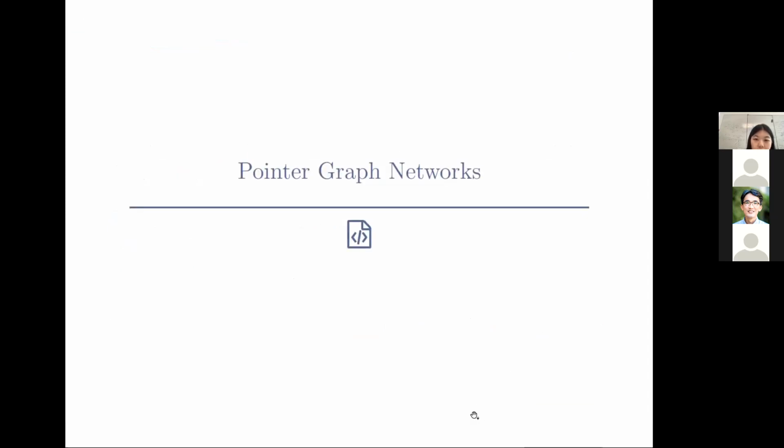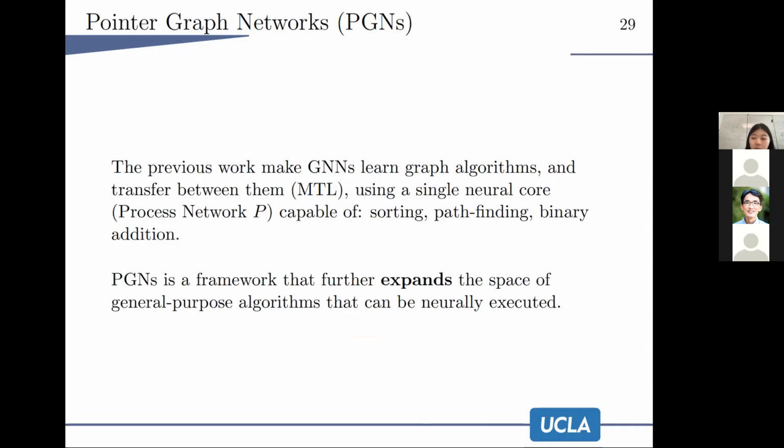Okay. And pointer graph network: with the prior knowledge that we have from the previous work, the pointer graph network could be regarded as more or less an extension of that work.